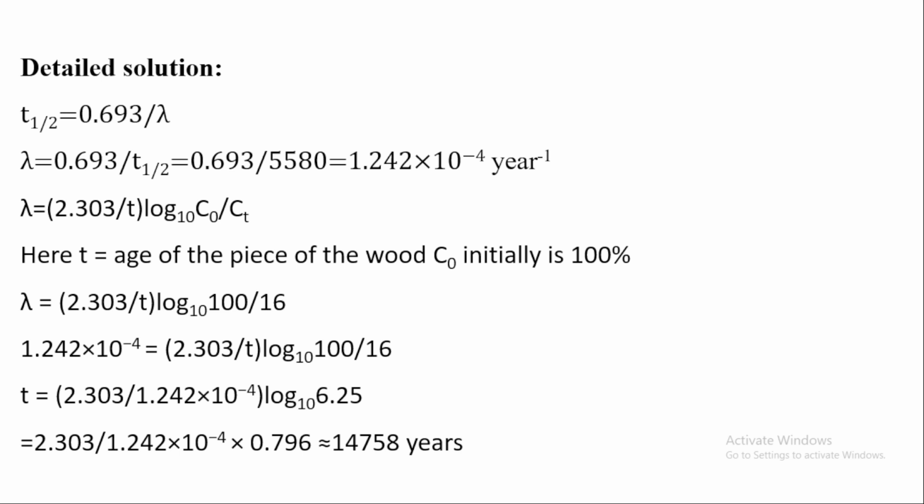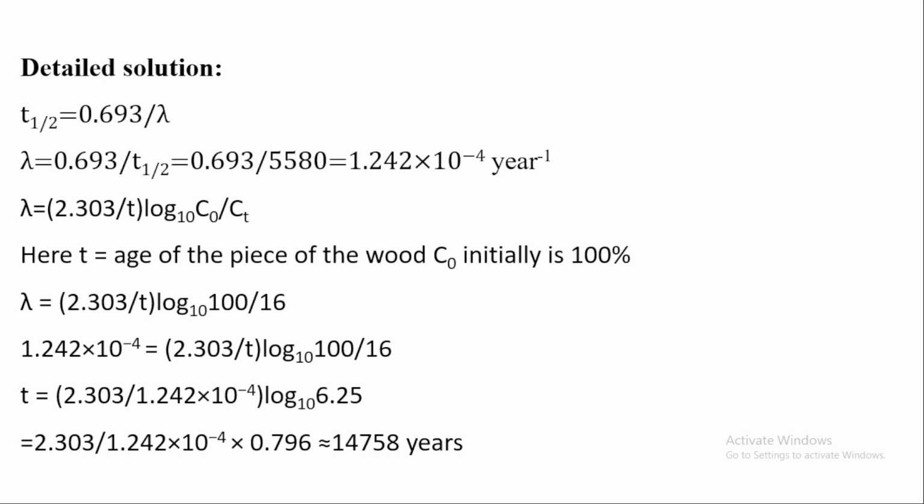When you write log, that means it is with base 10. When you write ln, it is in the base of e, exponential e. So when you convert ln into log, you have to multiply it by 2.303.